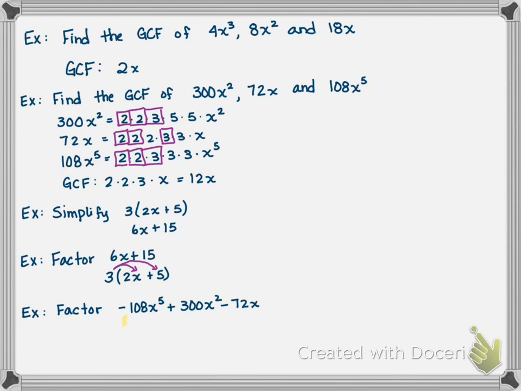Since in this case our leading term has a negative coefficient, instead of taking out a 12x, I'm going to take out a negative 12x. So we're going to write this as negative 12x, and then you just want to think about what I would have to multiply negative 12x by to get each term. To get negative 108x to the 5th, what would you have to multiply negative 12x by?